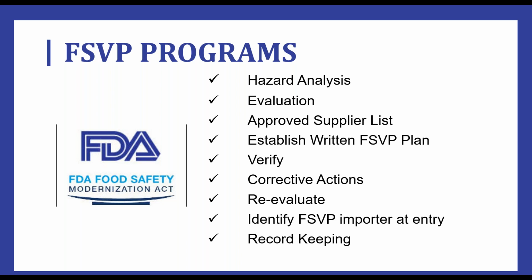But that's for FSVP, which is a foreign supplier, foreign to the United States. If we're looking at it for just a supplier program and doing the same thing, what hazards are associated with the food that is being purchased? You don't have to look at where the food is from, but it might be related to where the food is from. There might be more hazards from some specific areas of the world than there are in others.